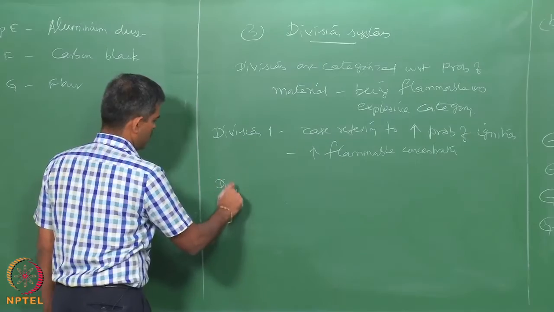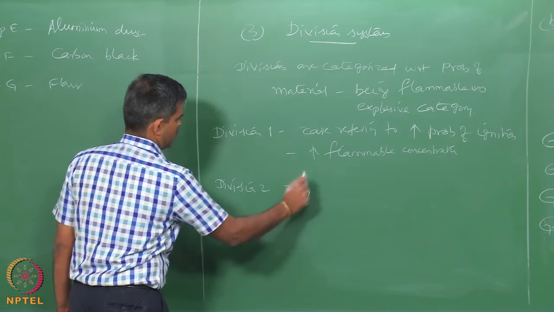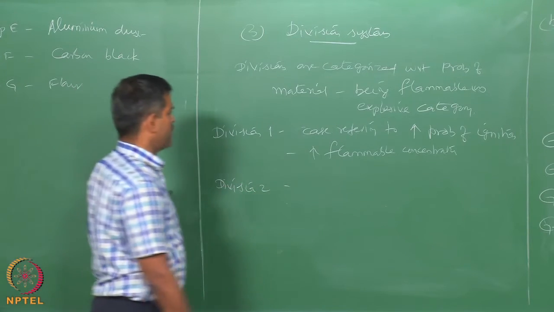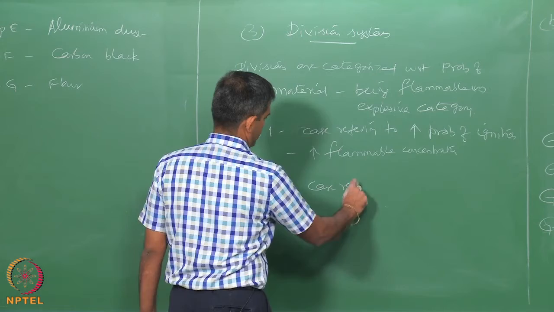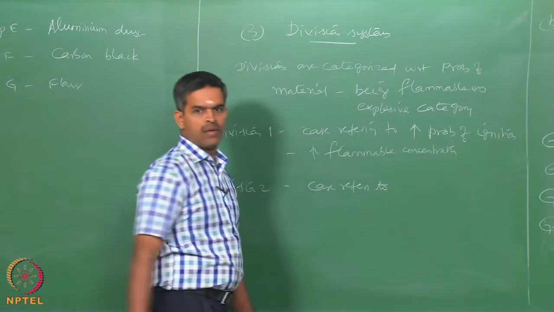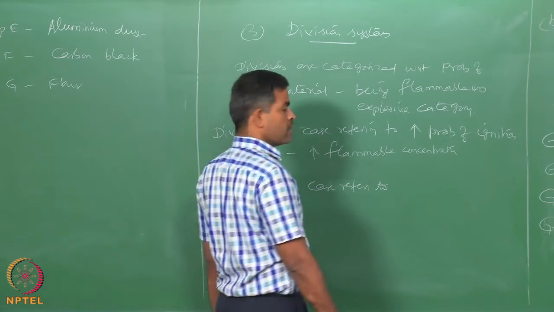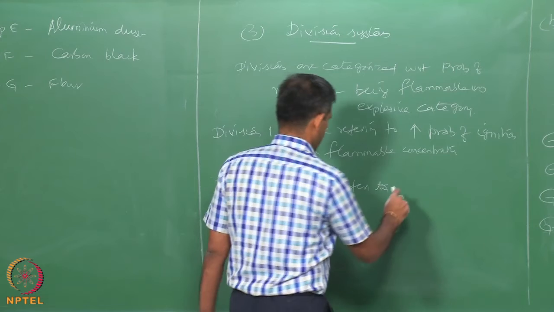Division 2 refers to the case where hazards can occur only at abnormal conditions.